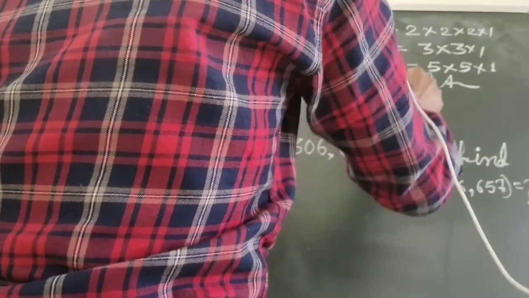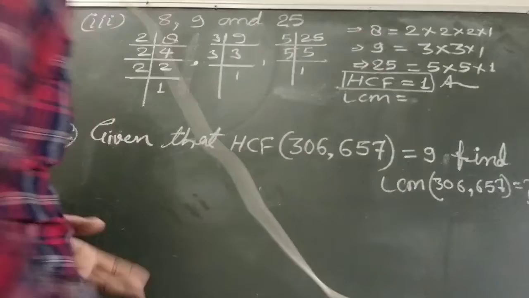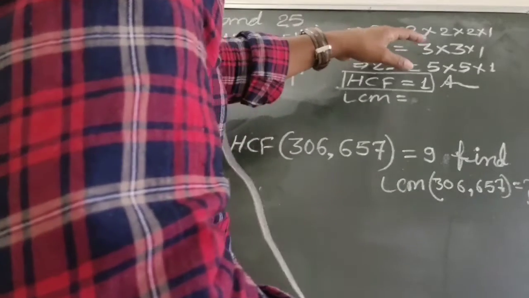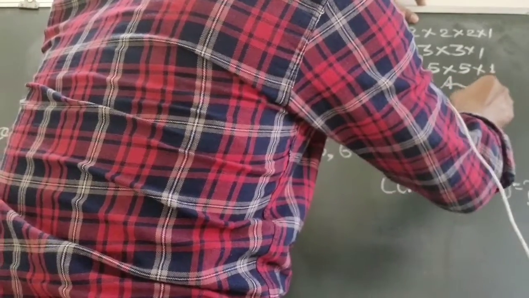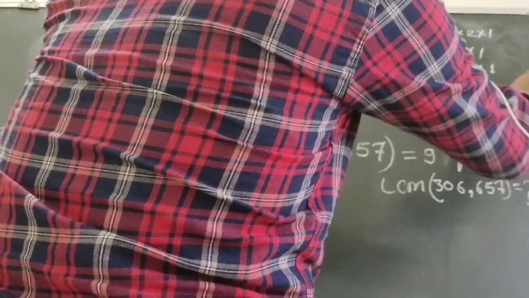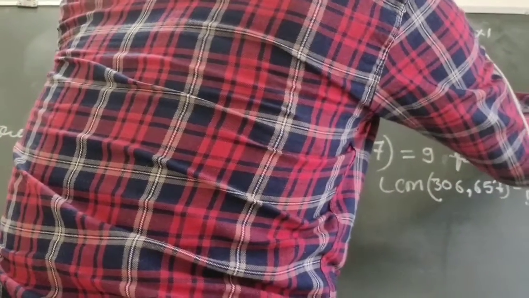LCM, we will multiply all the factors. 2 three times, 2 into 2 into 2, 3 two times, and 5 also two times.